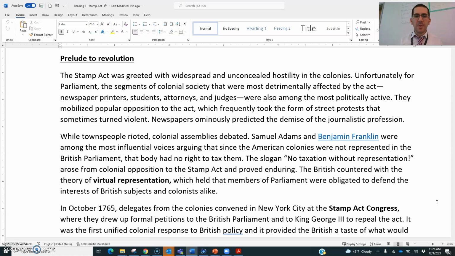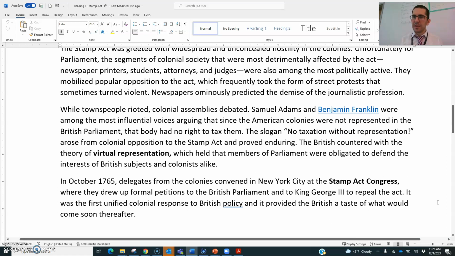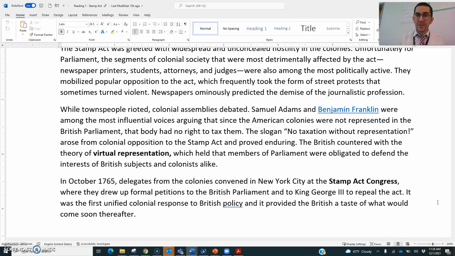While townspeople rioted, colonial assemblies, so that would be local leaders within the colonies themselves, debated. Samuel Adams and Benjamin Franklin were among the most influential voices arguing that since the American colonies were not represented in the British Parliament, the body had no right to tax them.